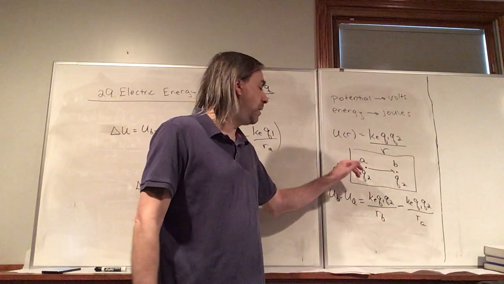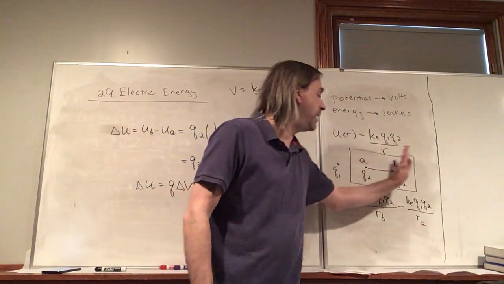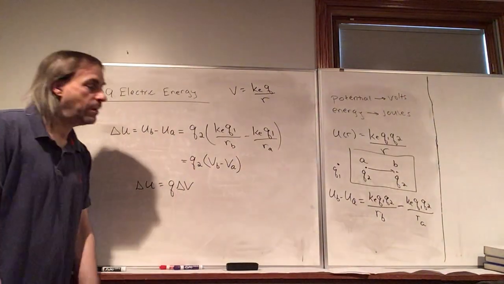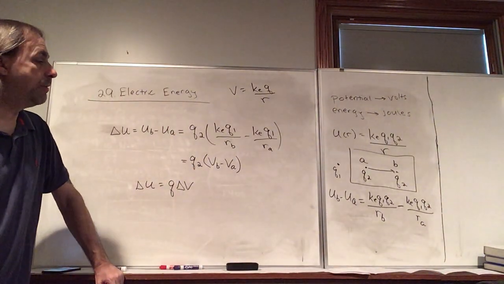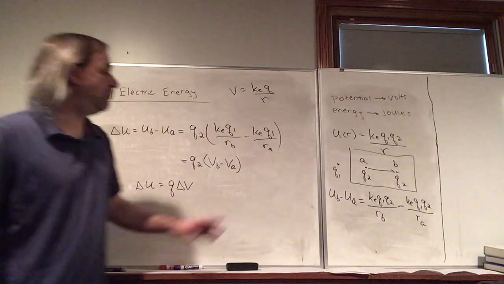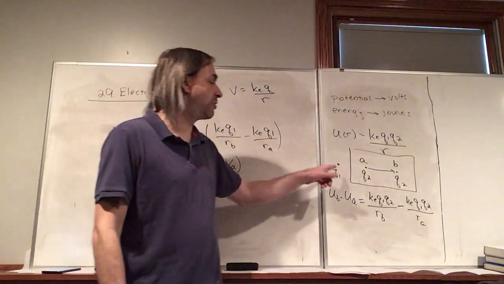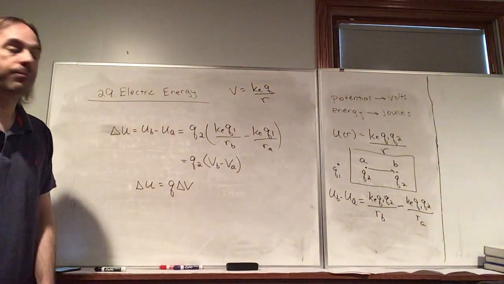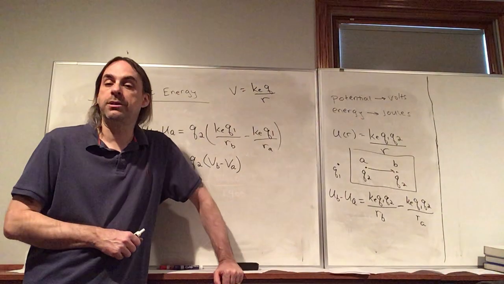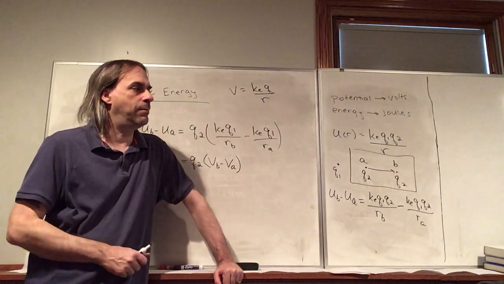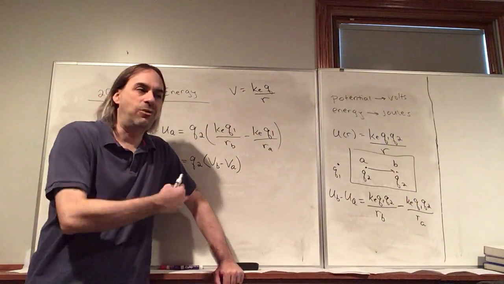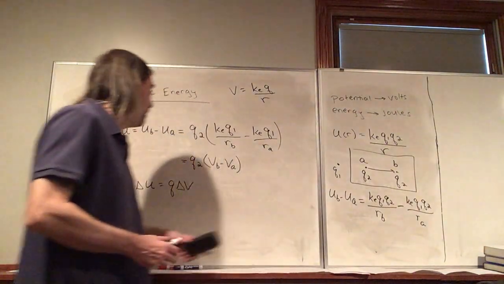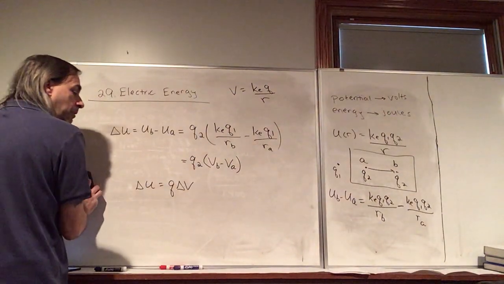So the potential has to be changing as we move away from this charge. We found this result by looking at the electric field of a single point charge, but it applies in general. If we know what the potential looks like in some region, we don't necessarily have to know what's creating that potential. We just have to know that it exists. Okay, so a very important equation here.